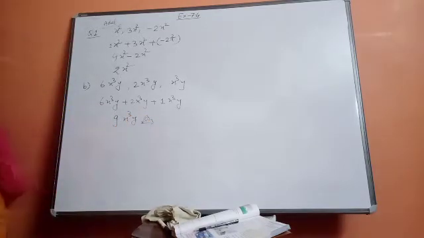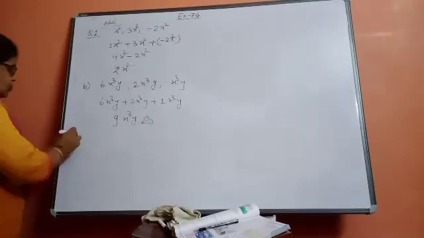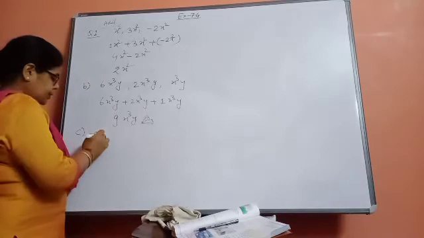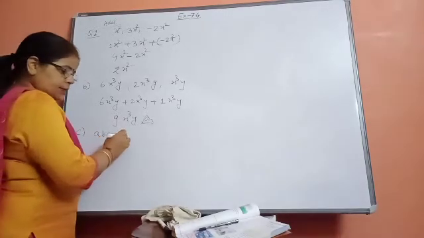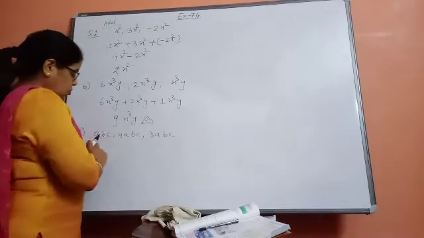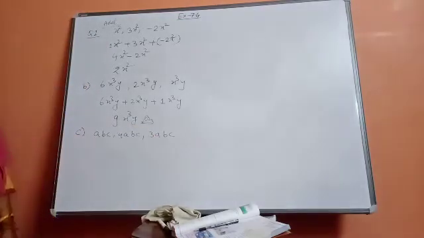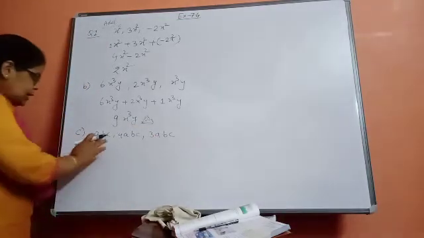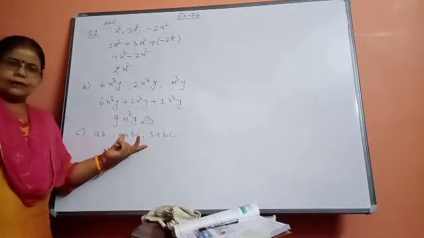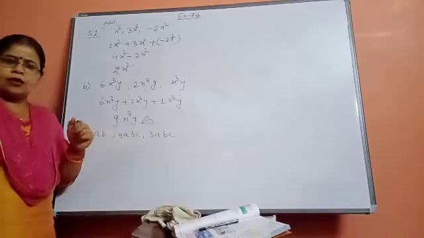So in this way we can do that. See that now the C part of the question, what is that? ABC, 4ABC, and 3ABC. Here also all the terms are like terms. Okay, if suppose here it was AB only, then these terms cannot be added, because then they will not be like terms.